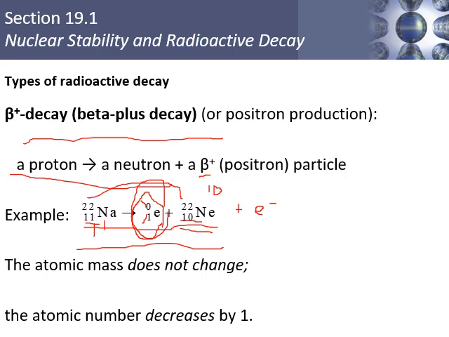All right, so the bottom line is that for positron decay, because this is a kind of beta decay, the mass won't change, but the atomic number will decrease. That's the main thing you need to remember: the atomic number decreases by 1.